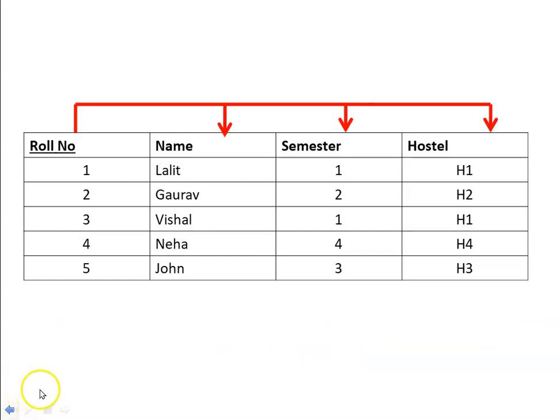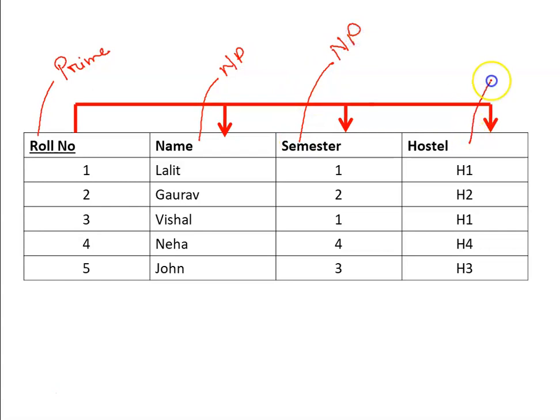Now, according to this particular table, roll number is the prime attribute. So if roll number is the prime attribute, name, semester and the hostel are non-prime. What I've said is, when we are applying the third normalization, we try to eliminate transitive dependency.